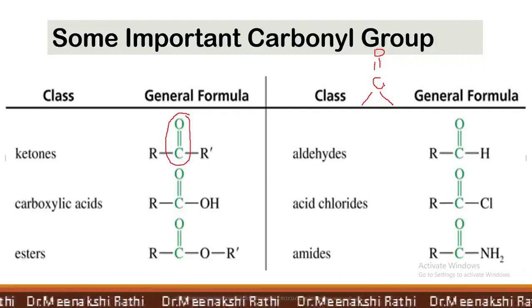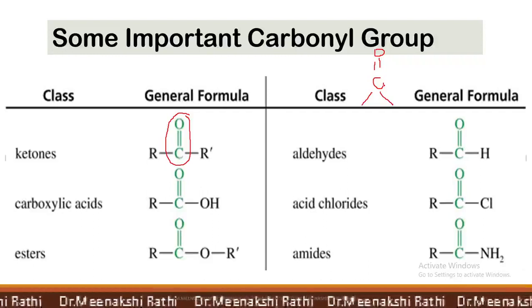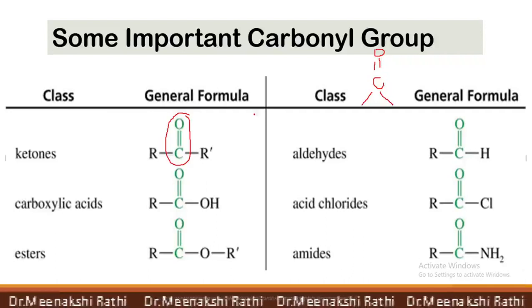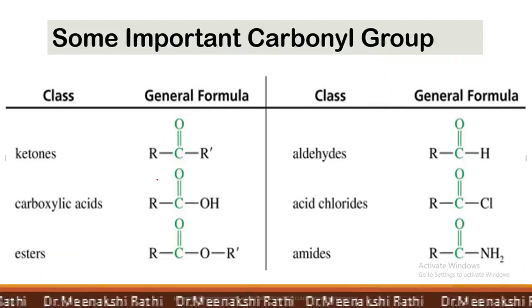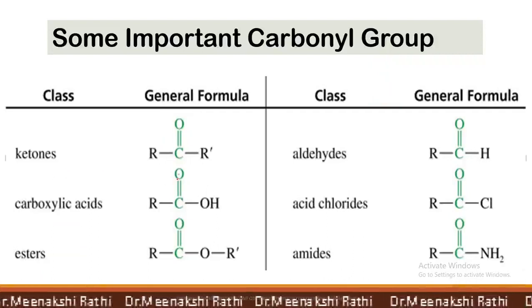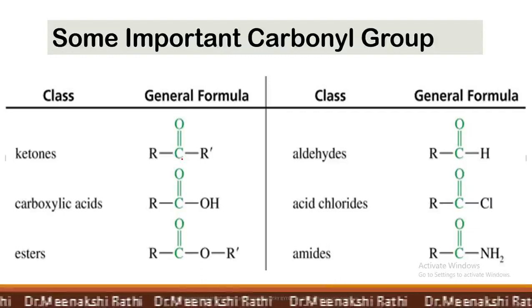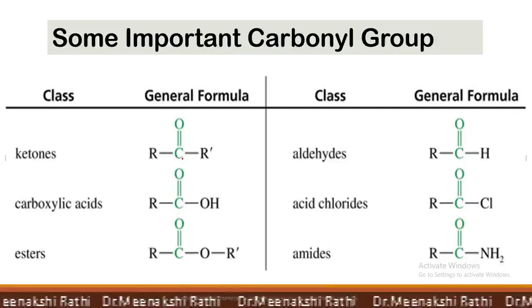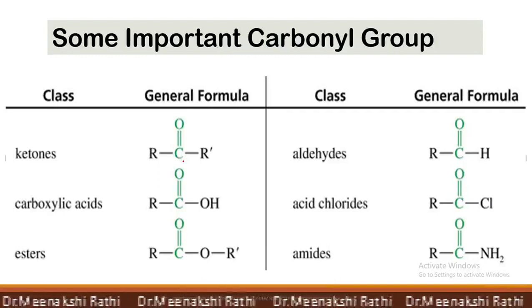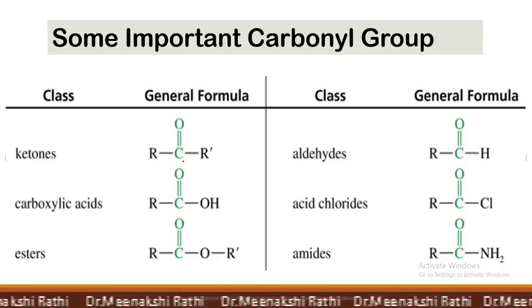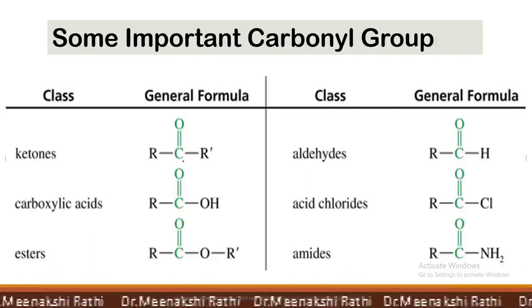Second thing, there are some more organic compounds which also contain a carbonyl group. The first one is ketones. Ketones contain a carbonyl group. You can see in this slide, the carbonyl group is shown in green color, while its two valencies are satisfied with different atoms or groups of atoms, and we get different organic compounds.